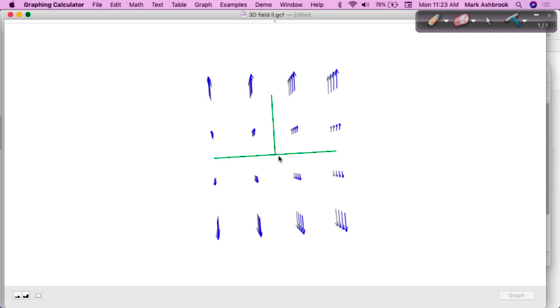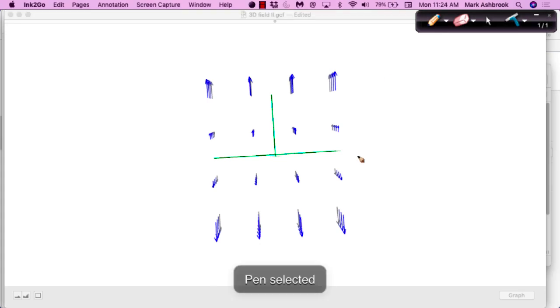Okay, let's see. Jose, did you get this one? Any of it? Y equals 0. Okay, that's a start. What about Z? So this is the YZ plane. So you want Y to equal 0. What about Z?